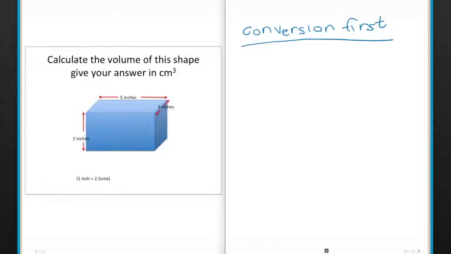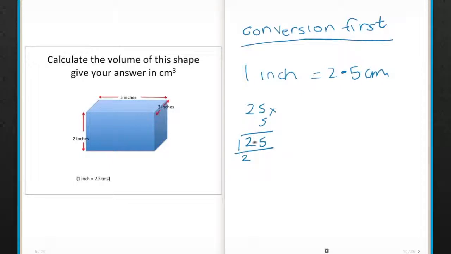Right, so let's convert them. 5 inches, so 1 inch equals 2.5 centimetres. So 5 inches is 2.5 times 5. So I'll just do 25 times 5. 5 5s are 25. 5 2s are 10 are 2. 1 decimal point.